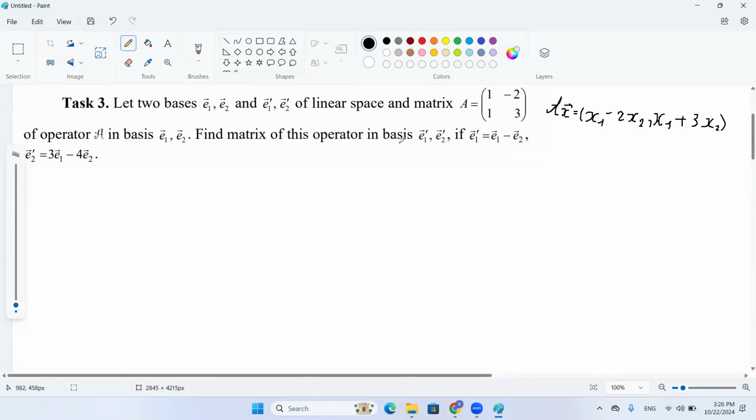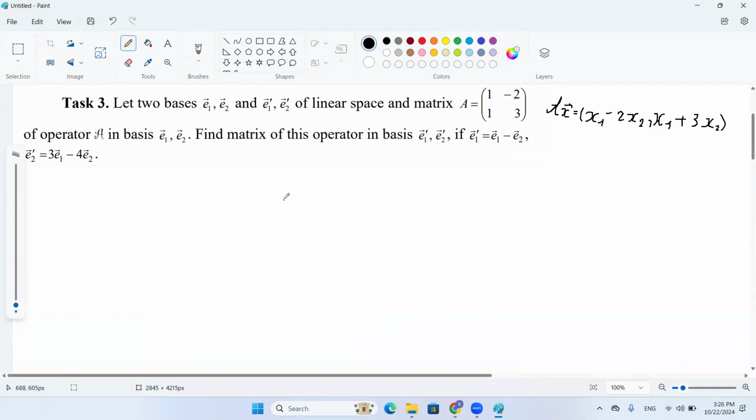Okay, so I have a question for you. How to solve this task? We need to find the matrix of operator A in the prime basis. So in the initial basis we have the matrix, but we need to find it for basis E1 prime, E2 prime.